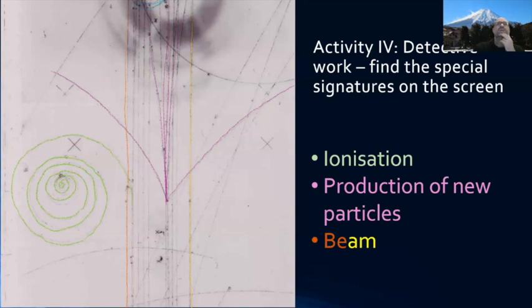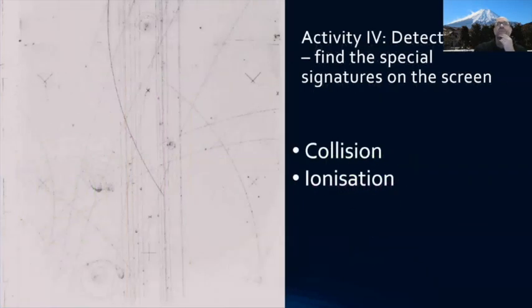I just highlighted the solution. All right, great detective work. Another one. Where do you find ionization? And maybe you can see a collision of particles without production of new particles.